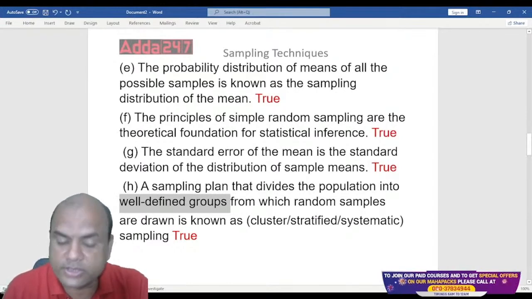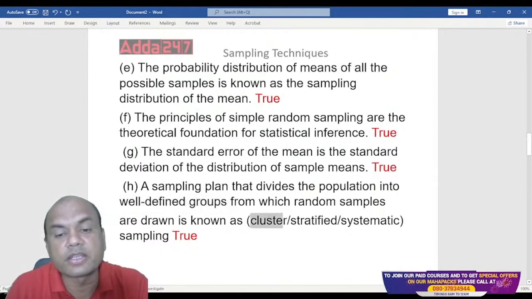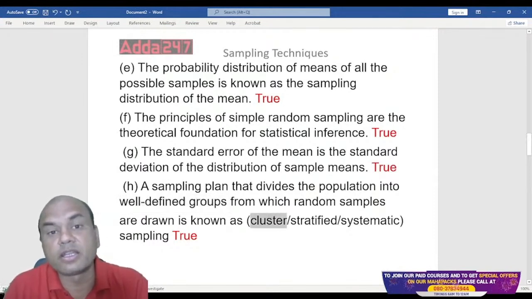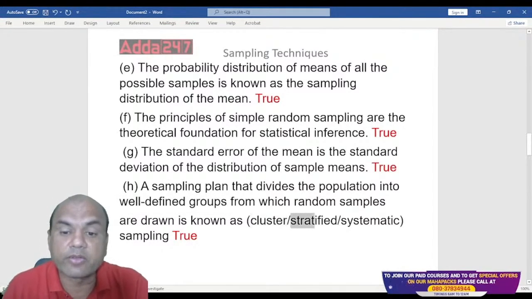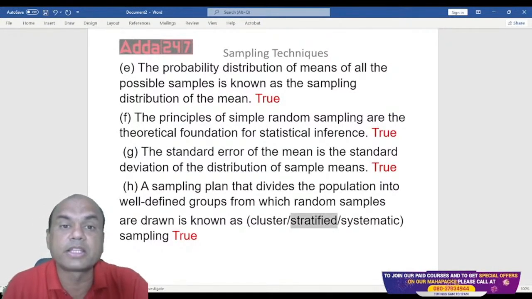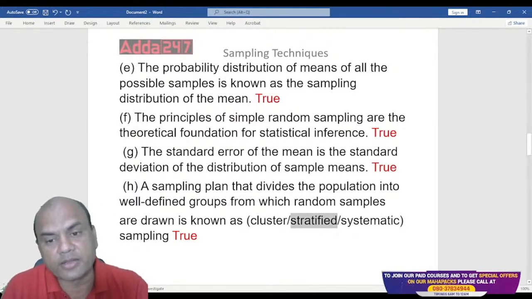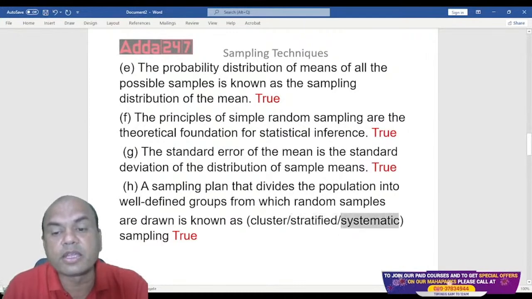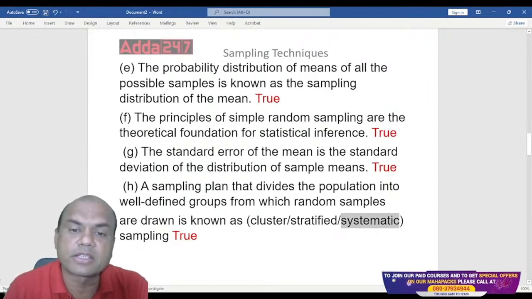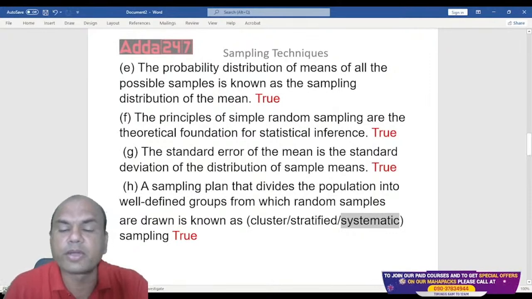Cluster will always relate to region. Stratified will always relate to strata, meaning groups with common things, like percentages, 40 to 60%, 60 to 80%. Systematic will always relate to a line: all of you stand in one line and every 10th person comes here. So these are all well-defined groups, and the answer is true.